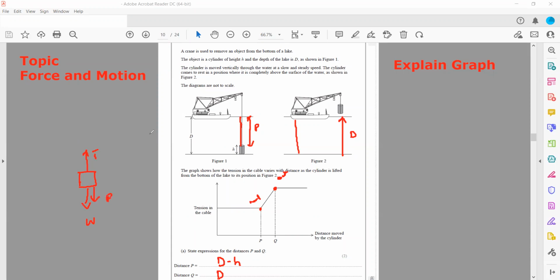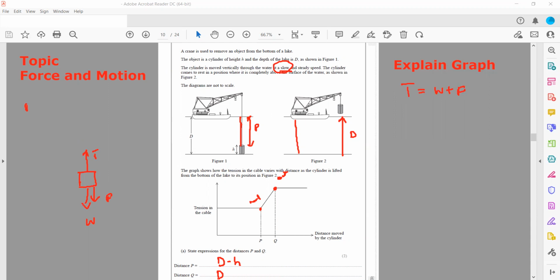That will be downward. But they mention that it is moving at a steady, constant speed, and also they specify slow. When speed is slow, the viscous drag or drag force is negligible, so we can neglect this. So when we are moving it up, T equals W plus F, meaning the weight plus the viscous drag or the drag force.